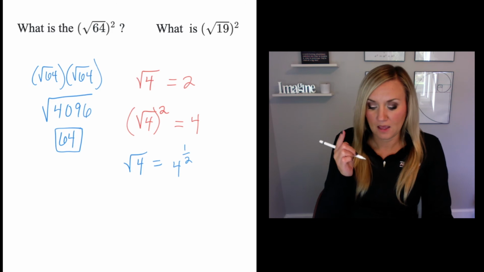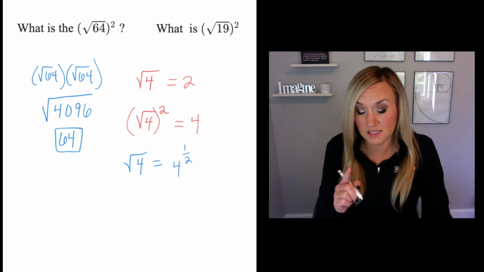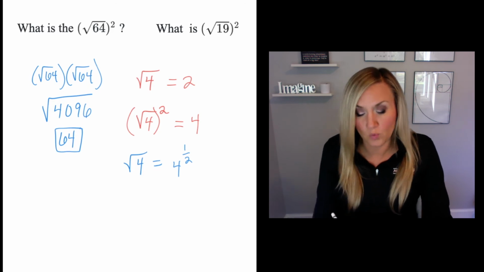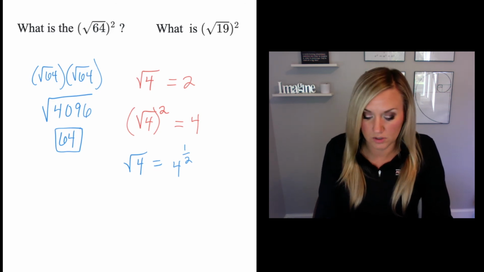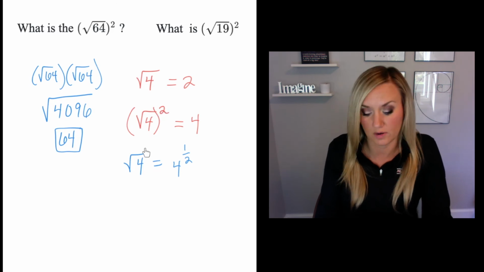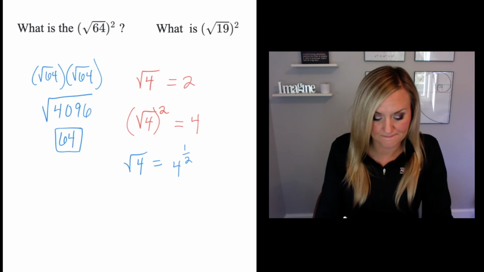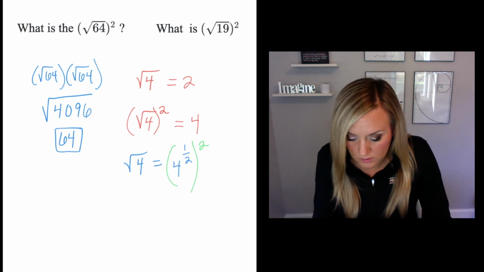Okay? And so if that is the case, if we square a square root, this is my square root, if I square it, I'm multiplying this half by 2.